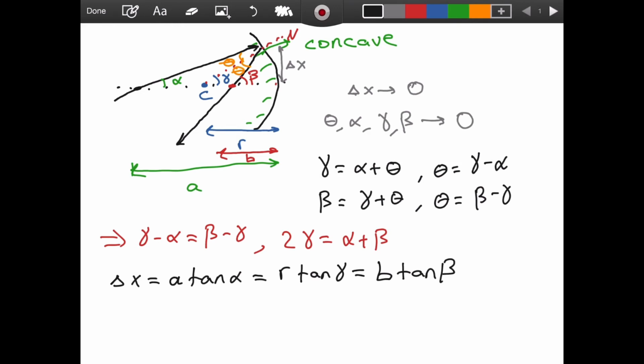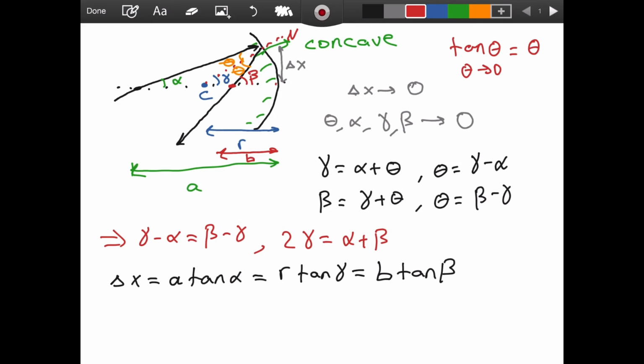Alright? And my friends, this is where the small approximation, this part, comes in play. We will now substitute alpha for tangent of alpha, because if we have small angles, then we can say, if we have tangent of theta, where theta is going to 0, then this is going to give us theta.